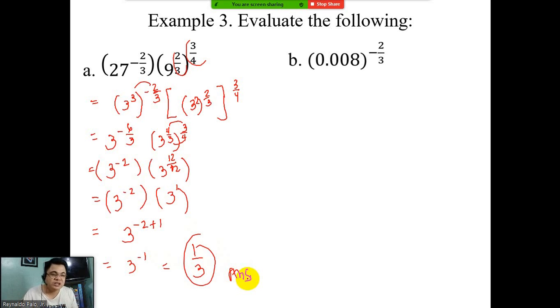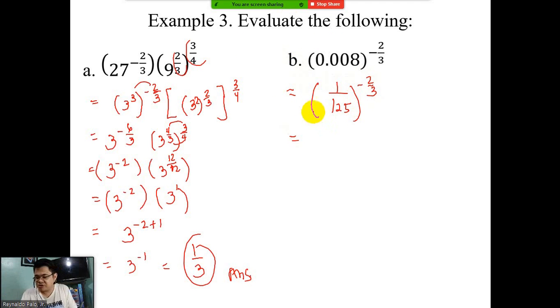Okay, so letter B, we have 0.008 raised to the power of negative 2/3. Using your calculator, you can already simplify this. Just indicate it. But the other process is this. So 0.008 needs to be converted first to fraction. So 0.008 is 1 over 125 raised to the power of negative 2/3.